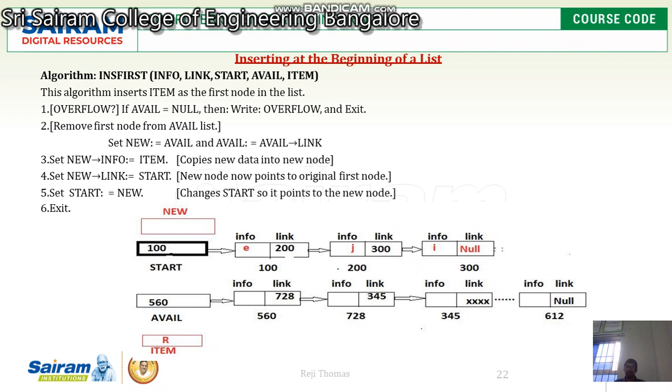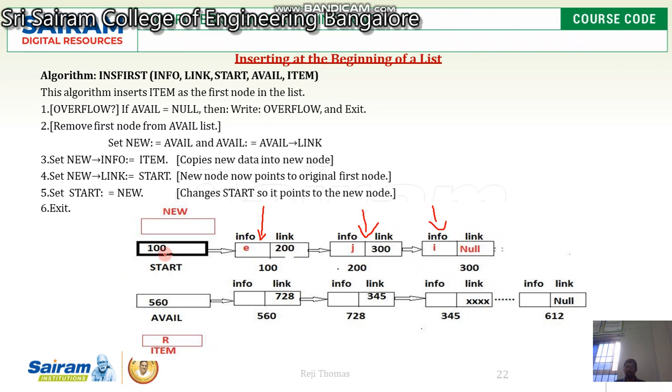You can see the diagram. Look at the first diagram where we have three nodes, and we have saved three characters. You can see E, then J, then I. We have got three nodes, and start is the one having the starting node.